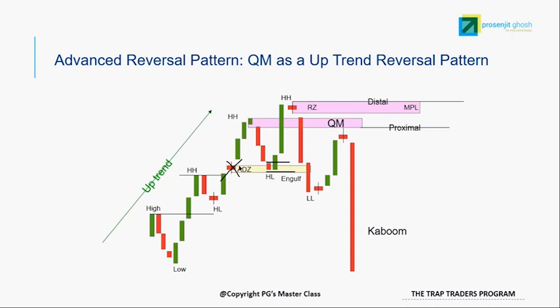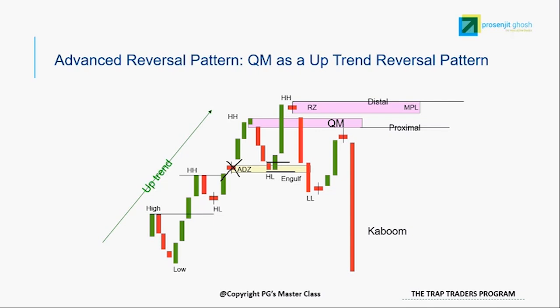In most cases, you will see there will be an authentic zone. Only in very few cases is there no zone at all. Either there will be a zone or there will be no zone. If there is no zone, then we will count this low as my authentic zone. If there is a zone, we have to find out which among them is the authentic zone.